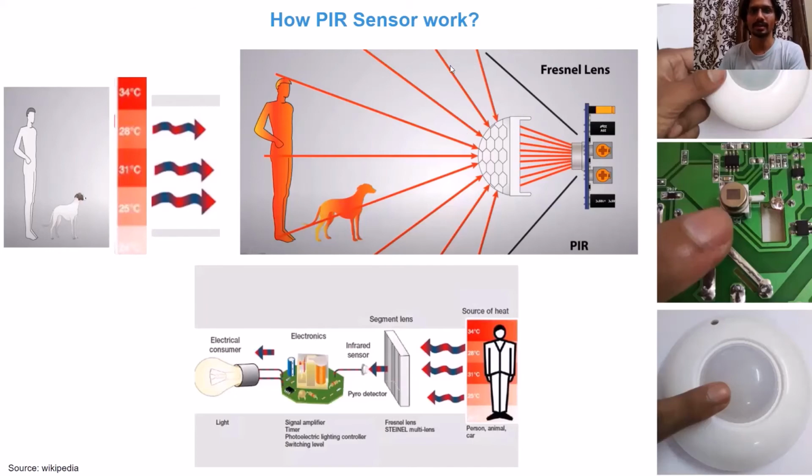All the infrared radiation is collected by this Fresnel lens and focused onto this point of the PIR sensor, and this PIR sensor converts this heat energy into current. This generated current puts the electronic device in the on state, which turns on the connected load like a bulb.